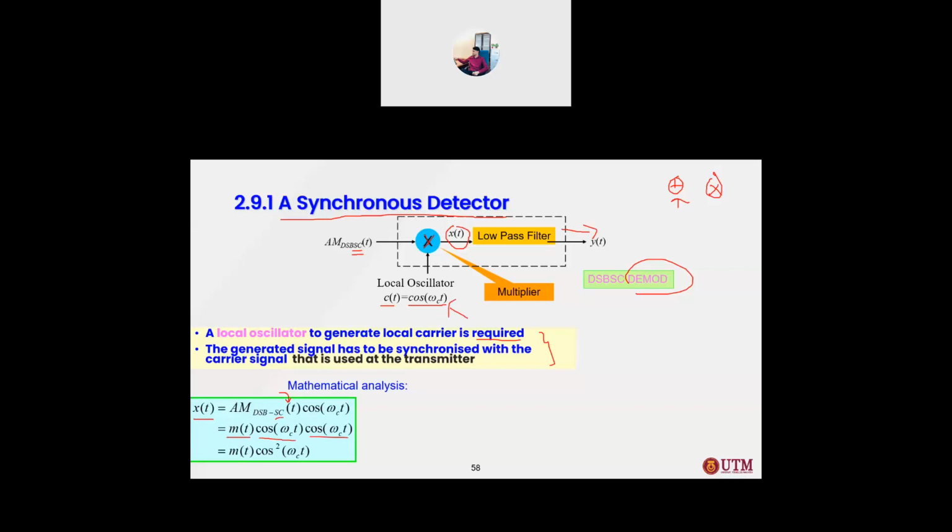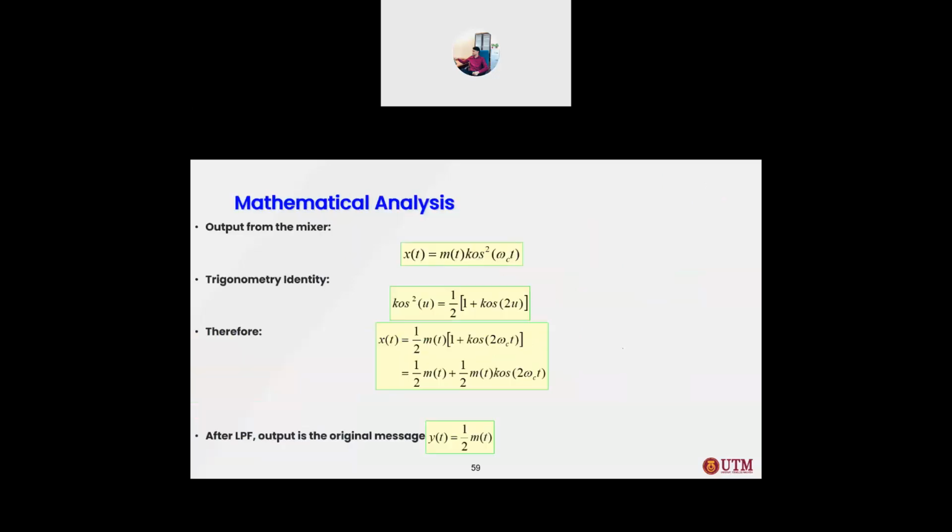Then you notice that this one is actually the same frequency, so it is cos square omega ct. If it needs to be solved, for example, this one is already inside your appendix. Depends on what the question wants you to do.